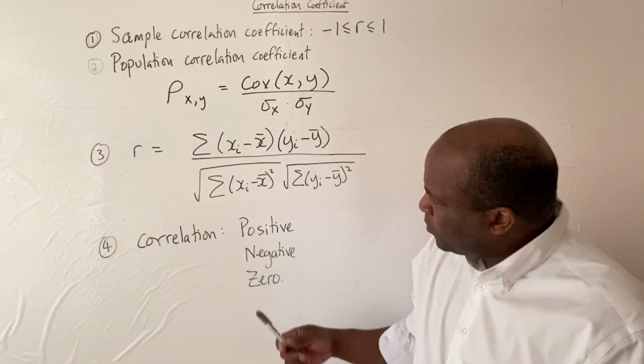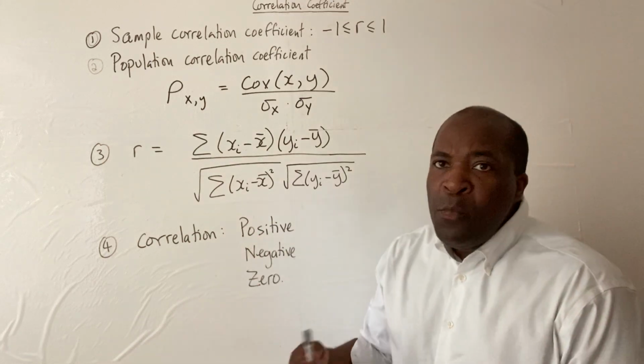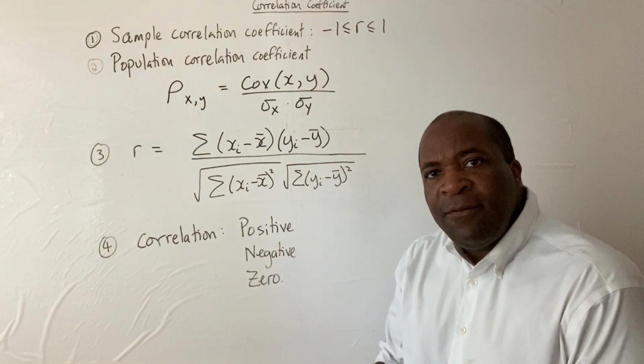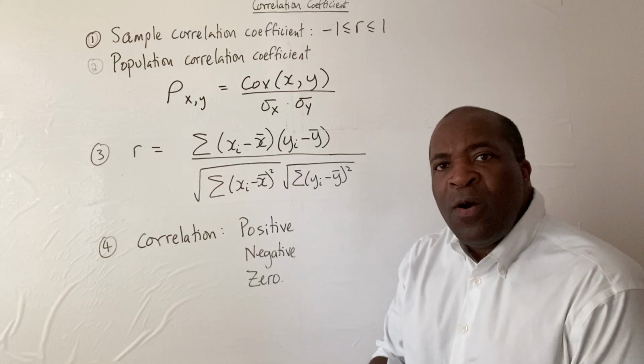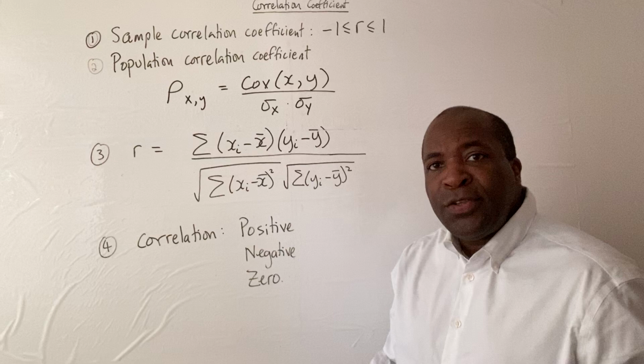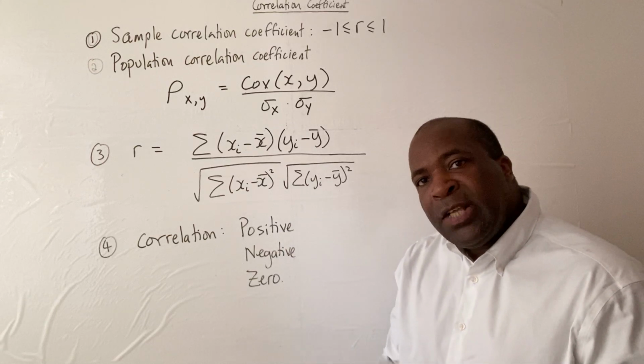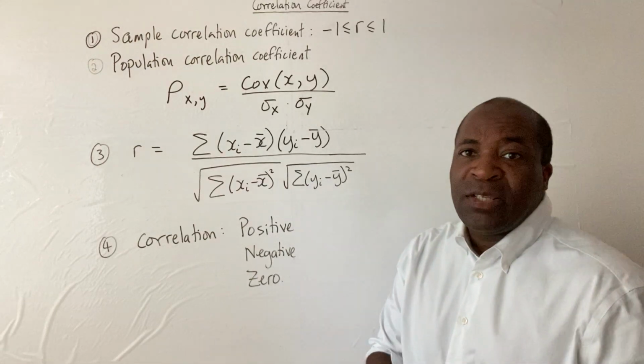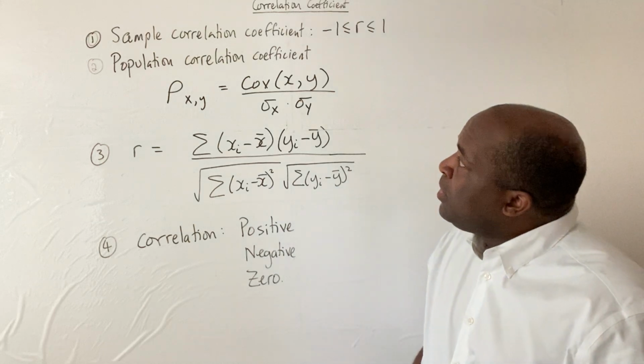So here we now segue into A level, where we're asked to move away from an eyeball approach to a quantitative approach in terms of determining the nature of the relationship as well as the strength of the relationship.